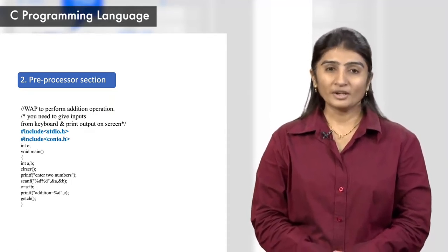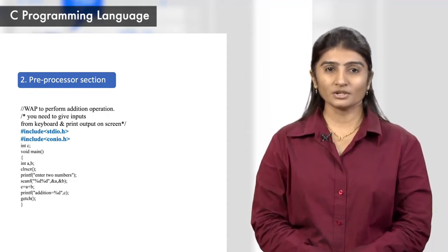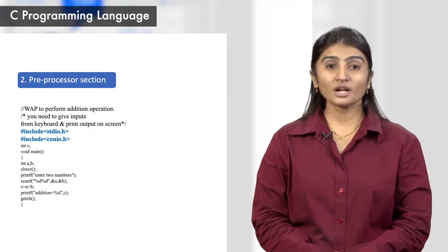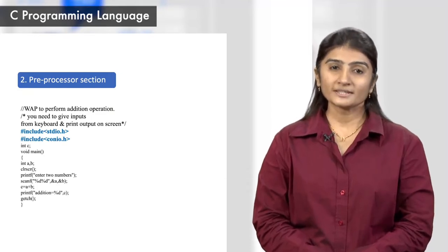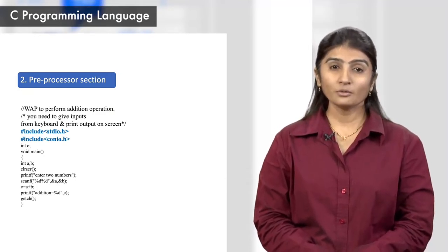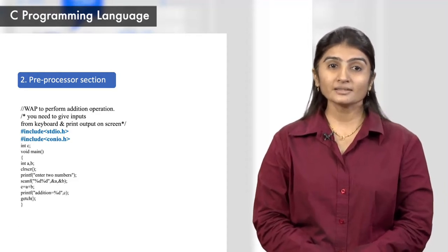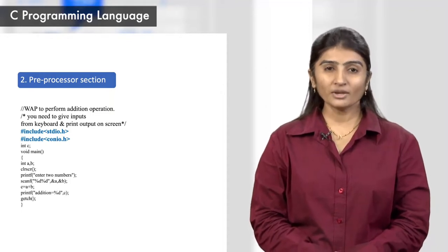But when we are implementing a program and using any built-in function, how would the compiler know which function it is and what is the use of that function? So for that function we have to include the specific header file in this section. This is the preprocessor section. I am giving you one example.